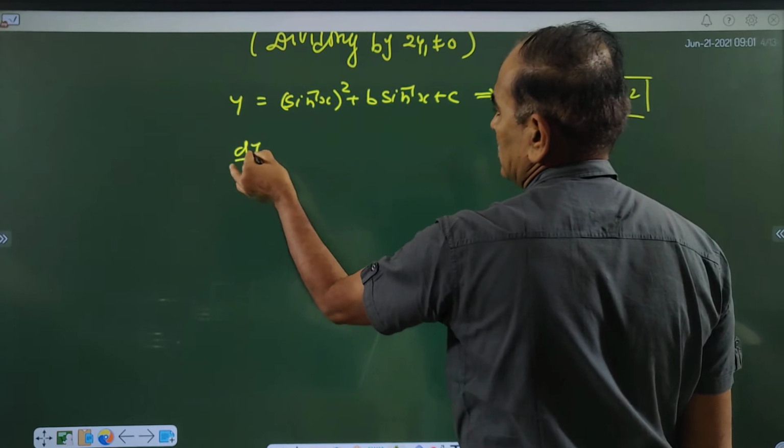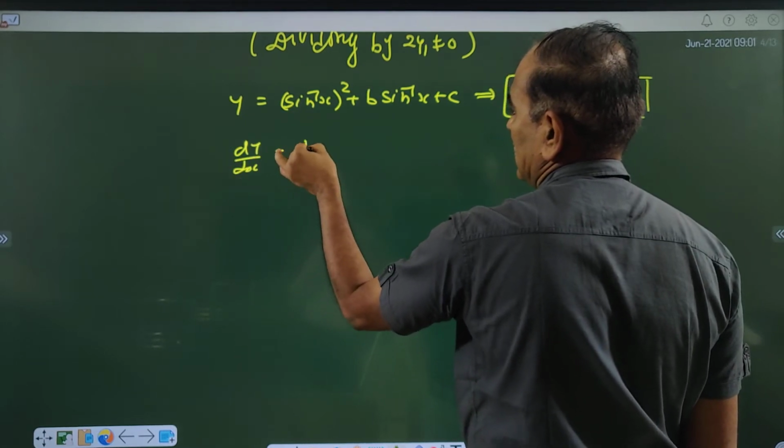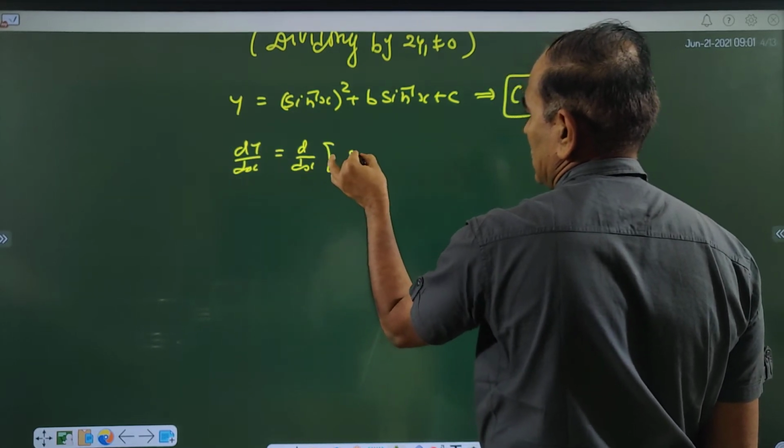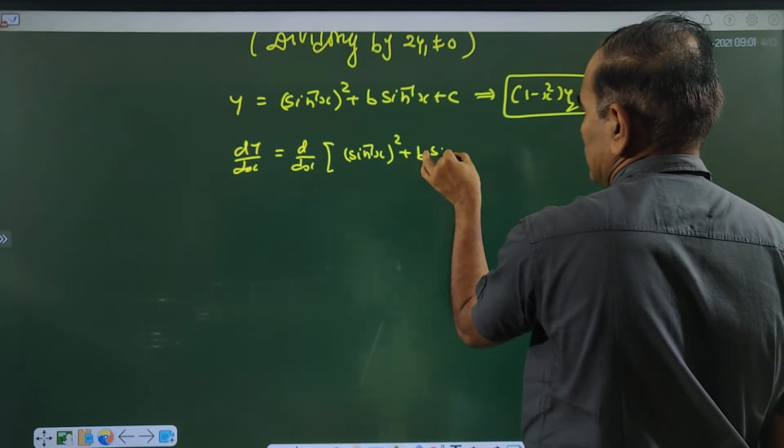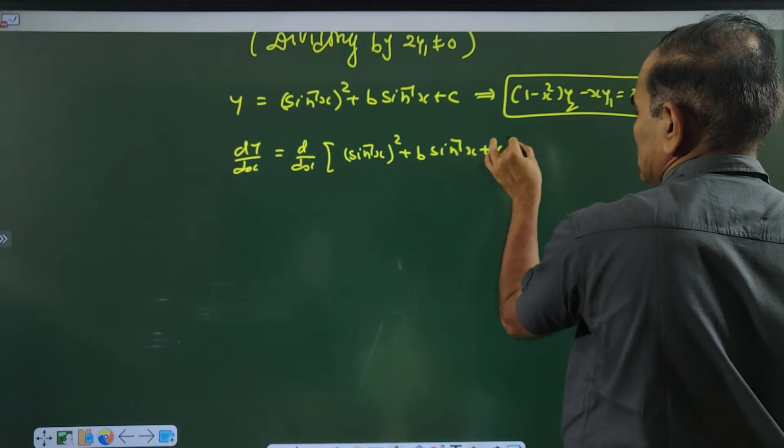Now differentiate it. dy by dx is equal to d by dx of sin inverse x whole square plus b sin inverse x plus c.